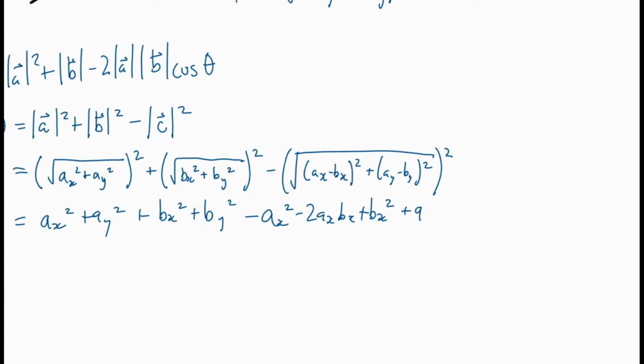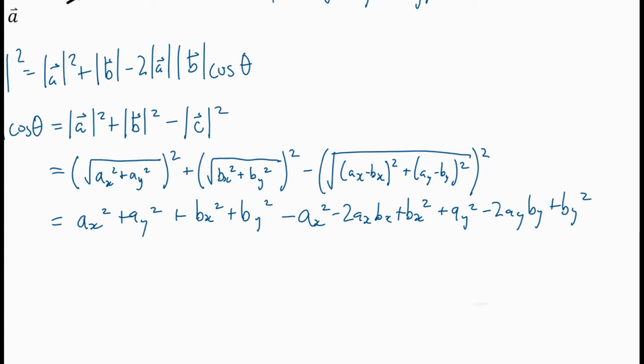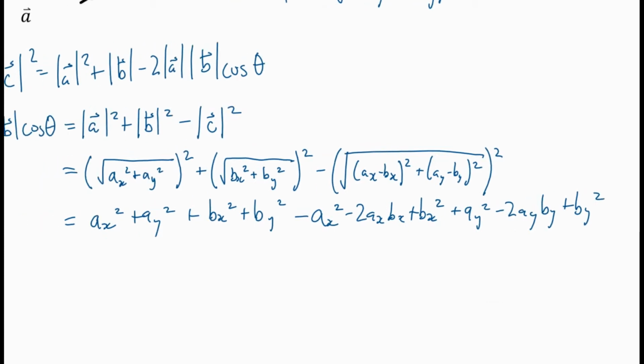Plus ay squared minus 2ayby plus by squared. And we kind of see what happens here. I've got an ax squared minus ax squared gone. I've got an ay squared and an ay squared.